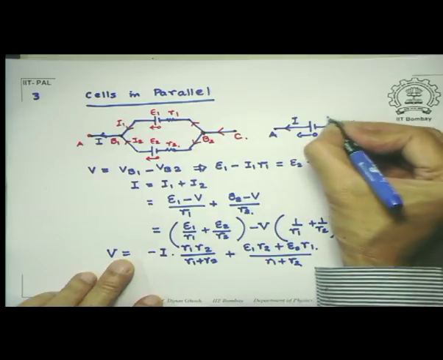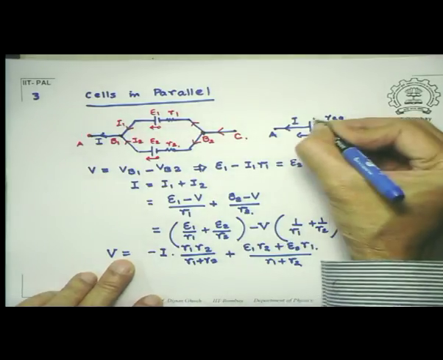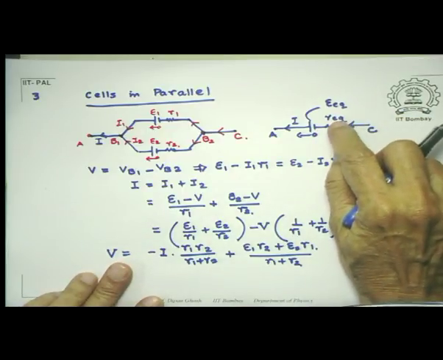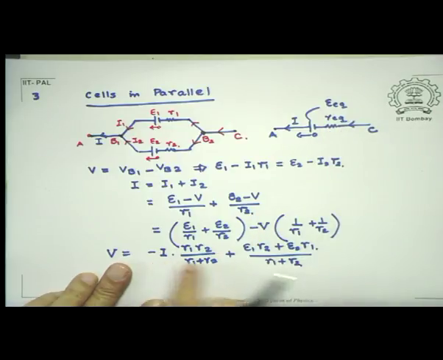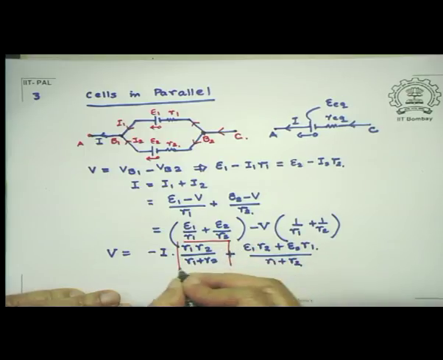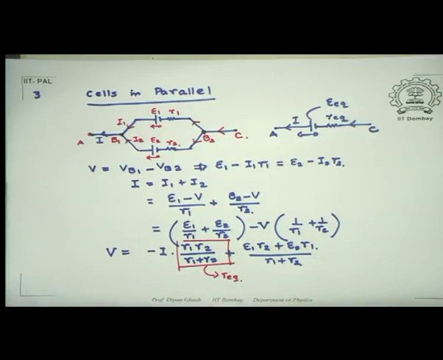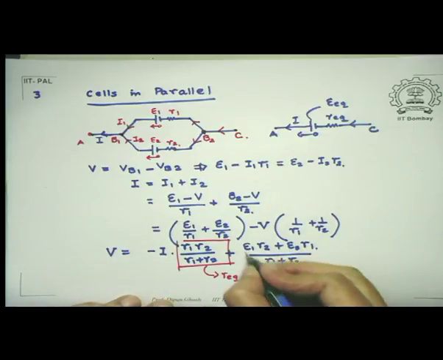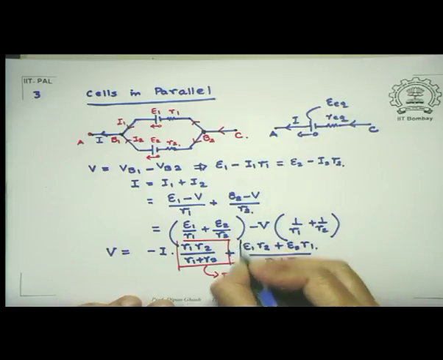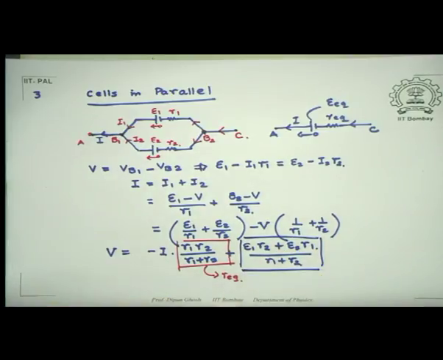My V would be, supposing this is some R equivalent and this is some E equivalent, I will have I times R equivalent as a drop. So minus I times R equivalent. So this term must stand for R equivalent. And this term here, so I must have plus EEQ. So I will have, this term is my EEQ.